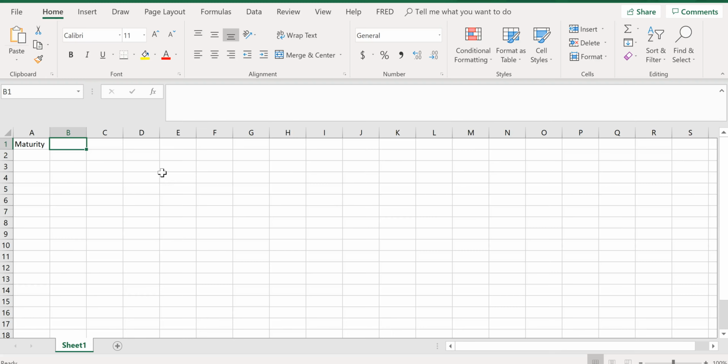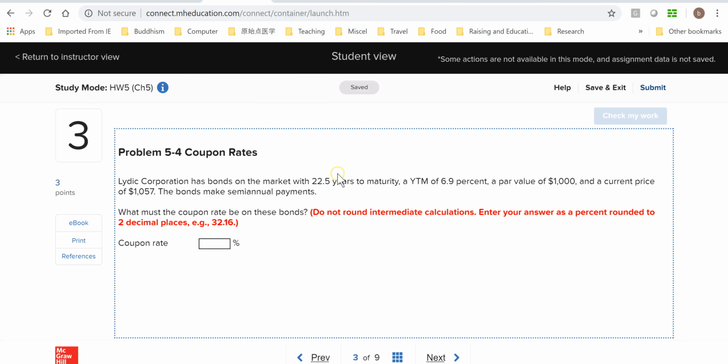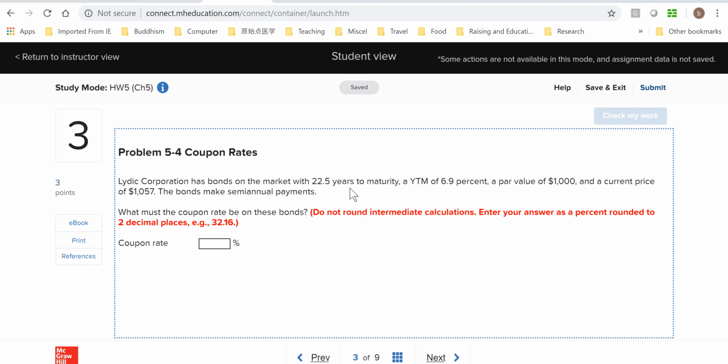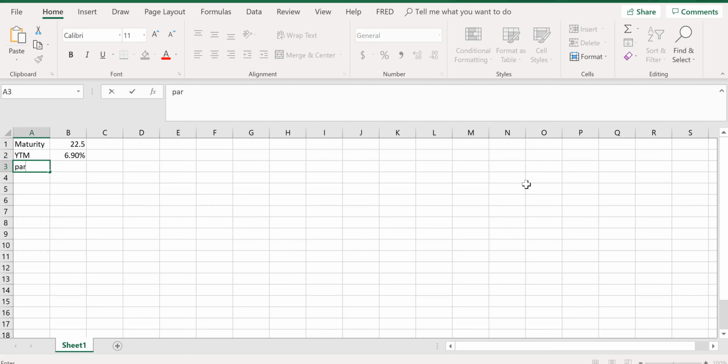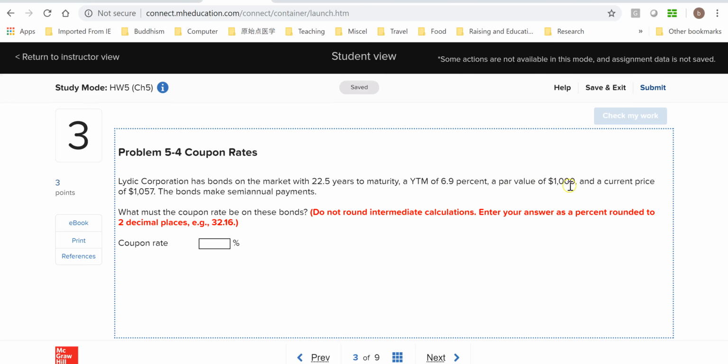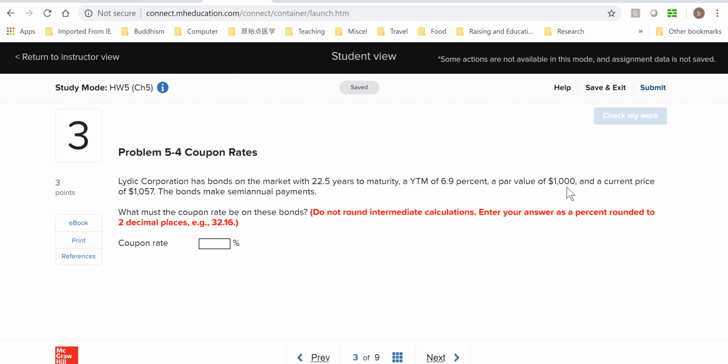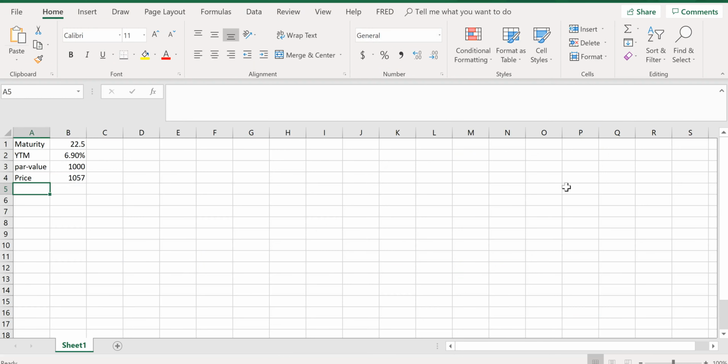So the maturity is 22.5 years, and YTM is 6.9%, and par value is 1,000, and price is 1057.